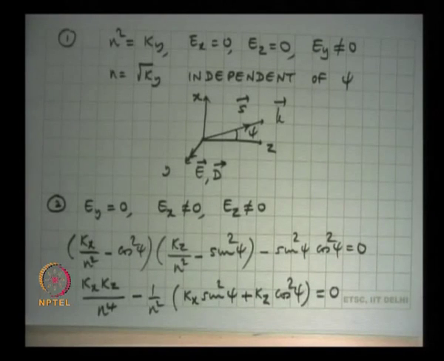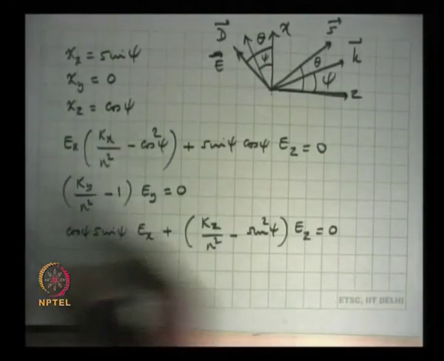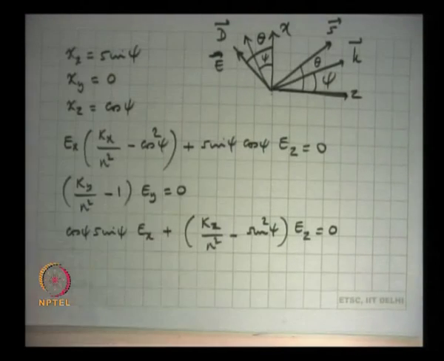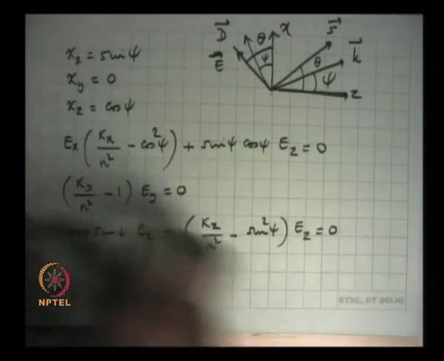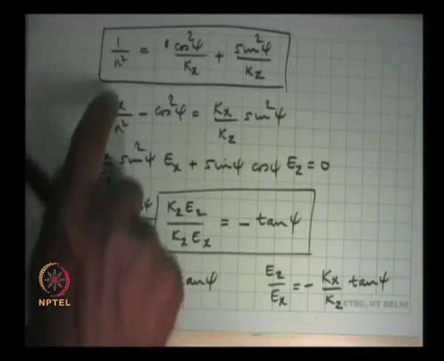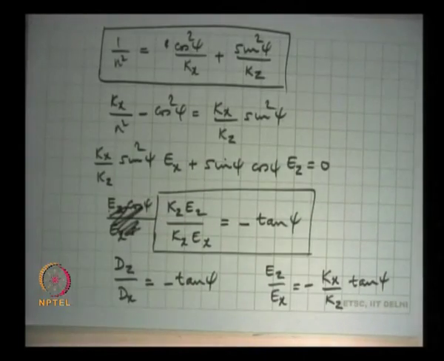The velocity of this wave is c by square root of ky, independent of psi. The second solution has its D vector perpendicular to the k vector, and E and D are not parallel to each other. So, S and k are not parallel to each other, but the wave has a refractive index now which depends on the value of psi. So, as you change psi, the velocity of this wave will keep changing.